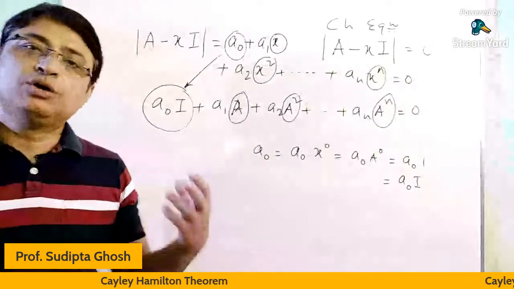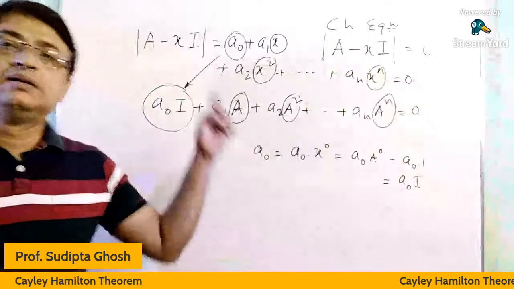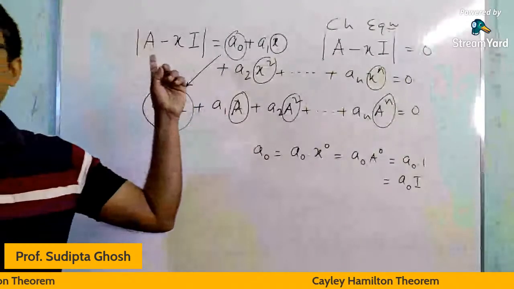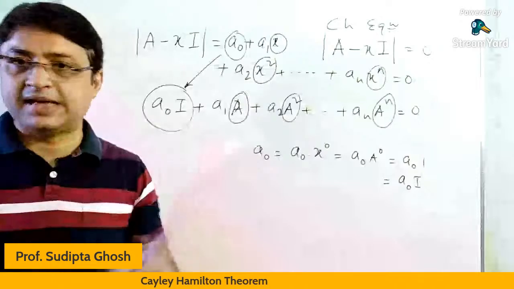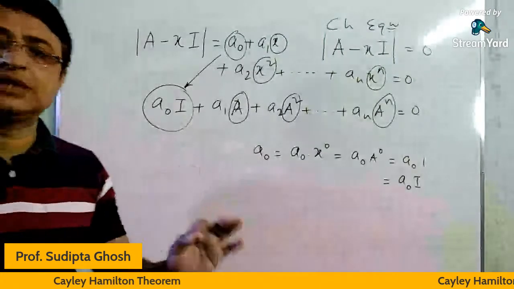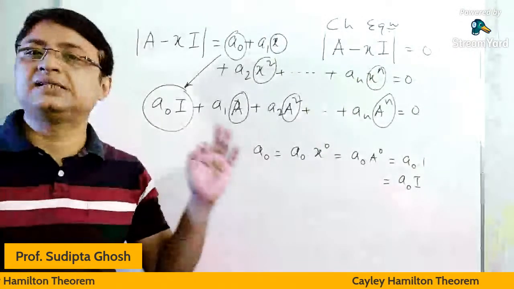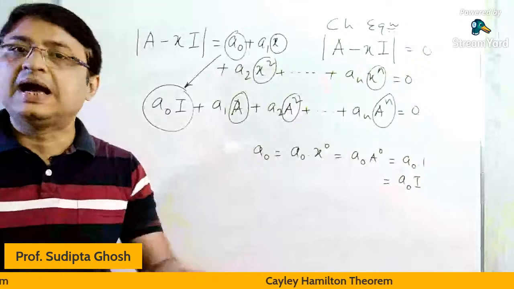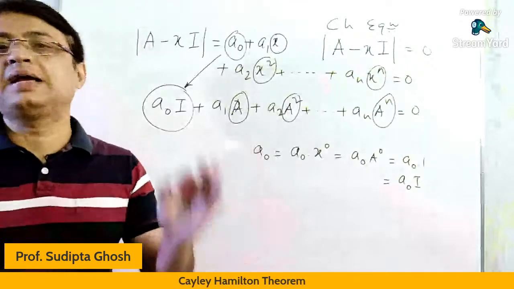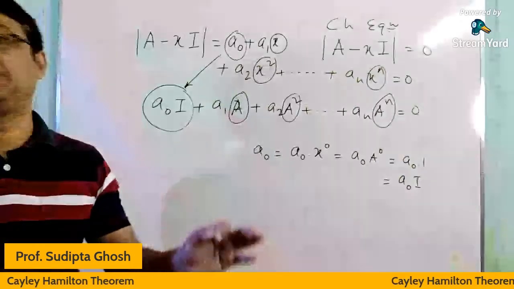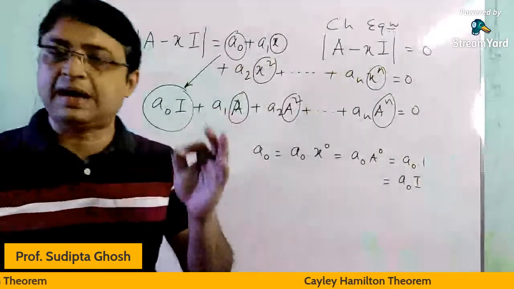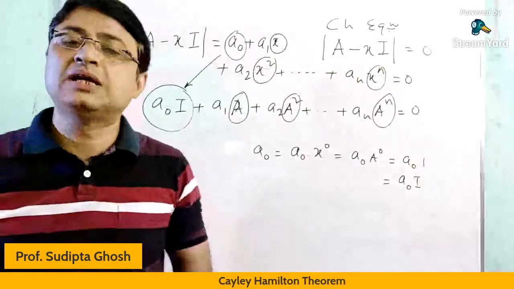So first you have to find the characteristic equation for the given matrix, and then to verify the theorem, every x term must be replaced by the capital A, that is the original matrix.